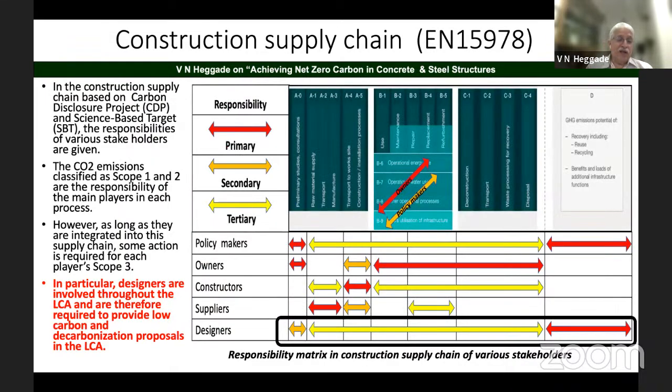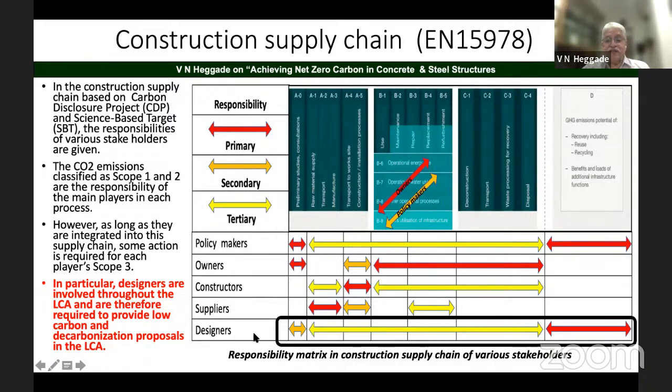Also, as you can see from here, the policymakers have a big role to play. During the whole life cycle here, I have divided the responsibility of the different stakeholders. Whatever is shown here is the primary responsibility, this color is the secondary responsibility, and yellow is the tertiary responsibility. The policymakers, if you look here, have the responsibility from cradle to cradle, for the cradle to cradle boundary system, as you can see here.